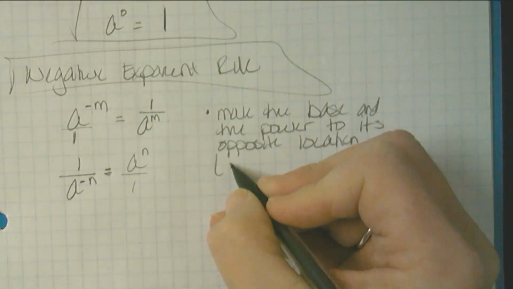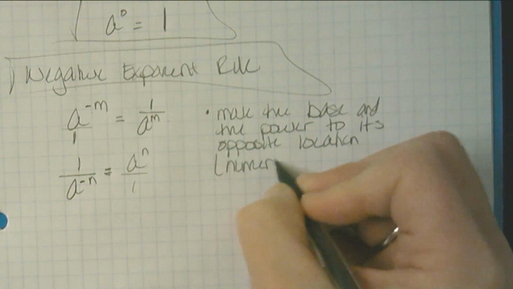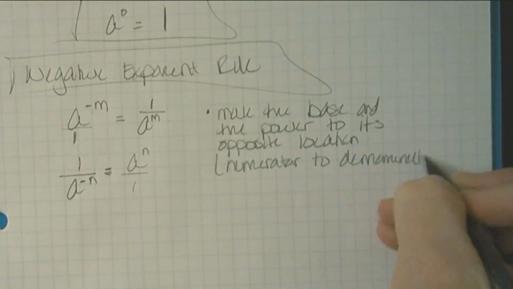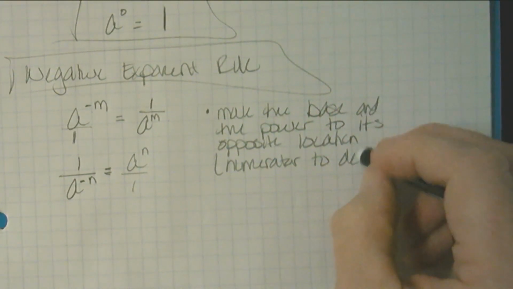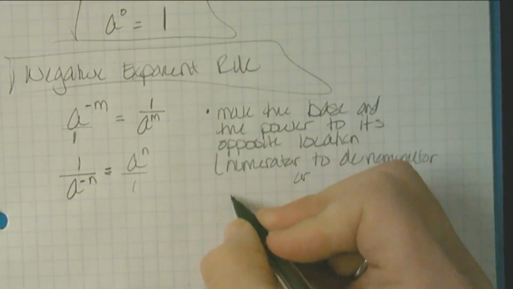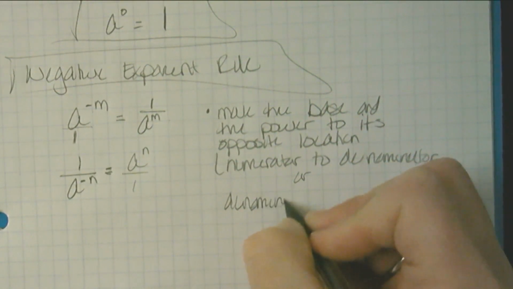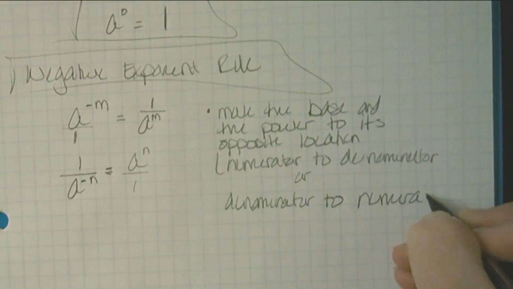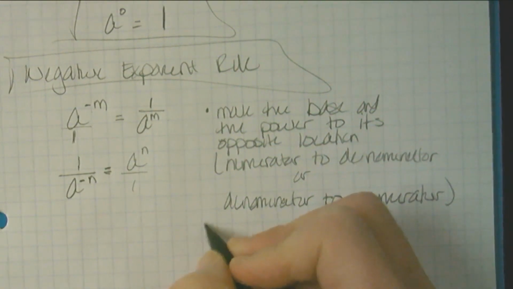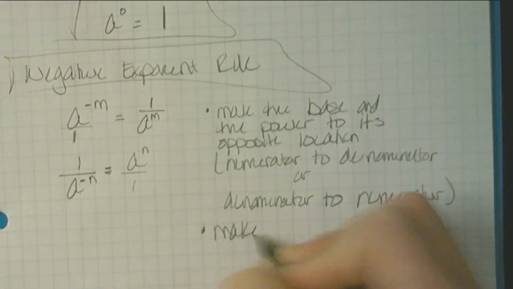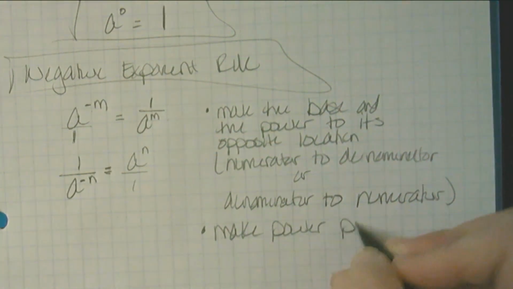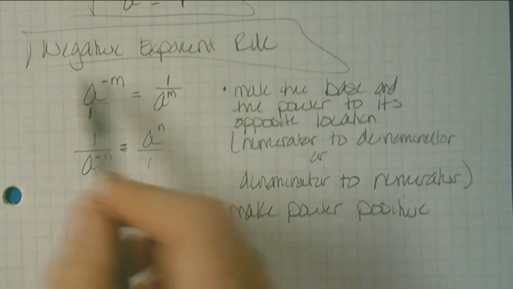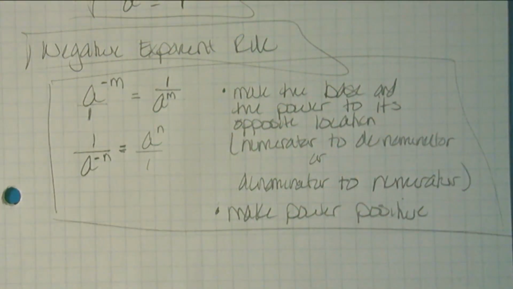What that means is numerator to denominator, or denominator to numerator, and then you're going to make the power positive. So there is the last rule.